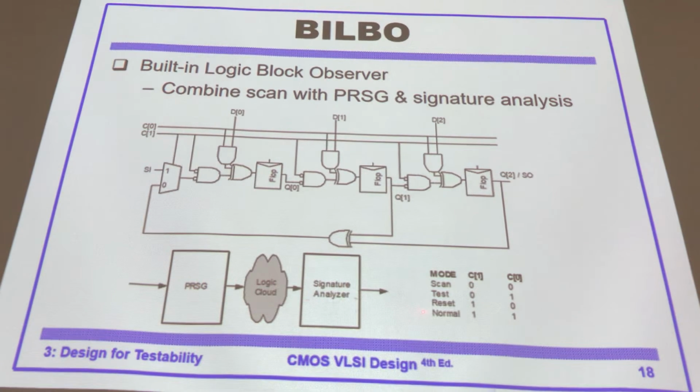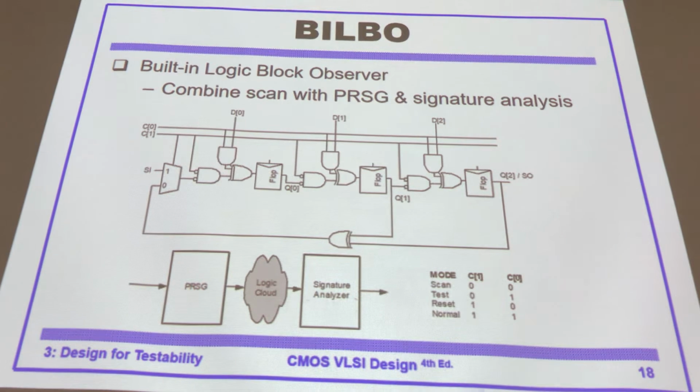in the test mode. We set the mode, which will preset the PRSG to a certain initial value. And when we change to test mode, you will generate a pattern after each clock cycle: Q0, Q1, Q2.